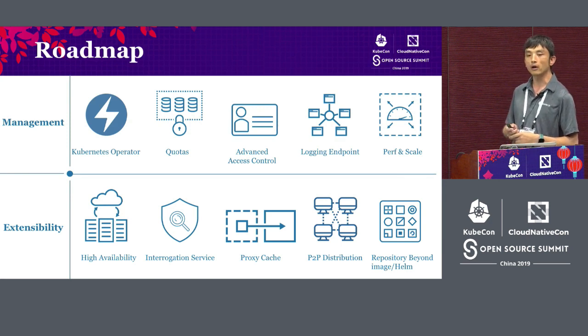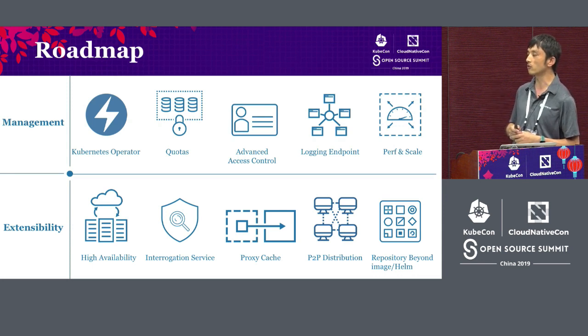Next is advanced access control. Currently, we are using RBAC to do access control. But in the future, we'll have advanced access control based on ABAC or resources to realize precise control and logging endpoint. Our syslog is simple.